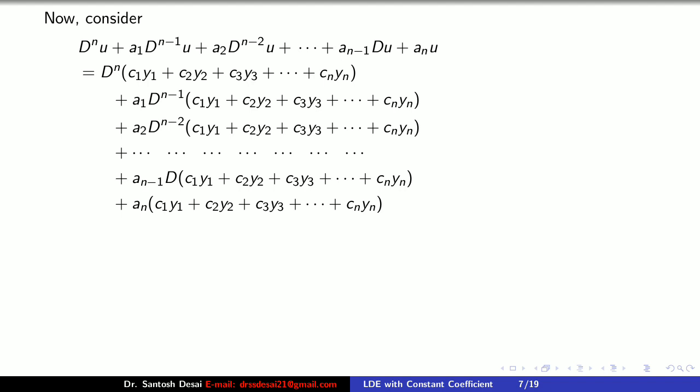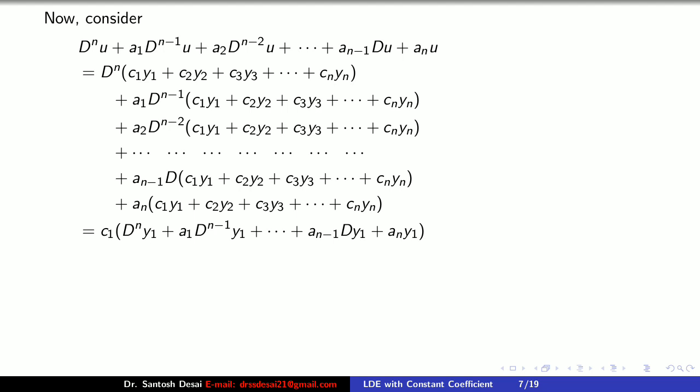Now if you observe the first term of each bracket, c1 is constant. So after taking c1 as constant, we get the first term as c1 into bracket D^n y1 + a1 D^(n-1) y1 + and so on a(n-1) D y1 + an y1.